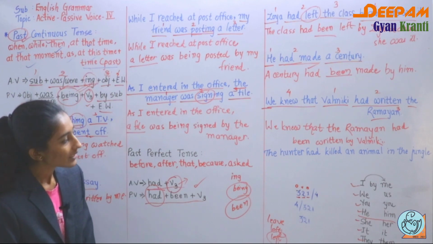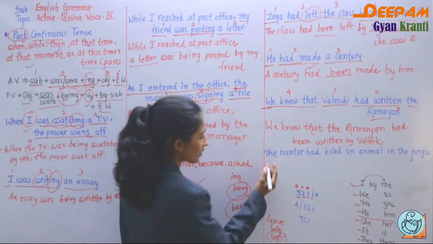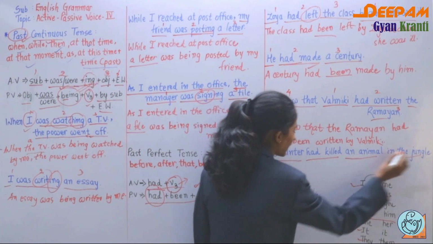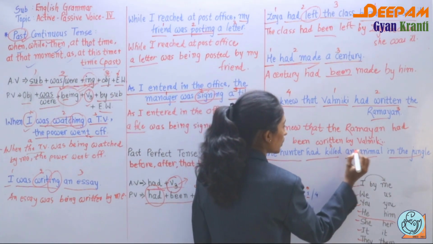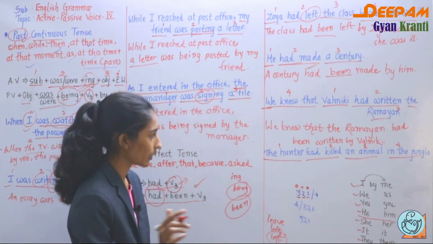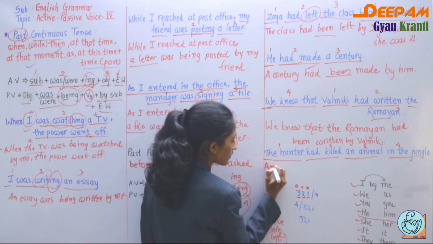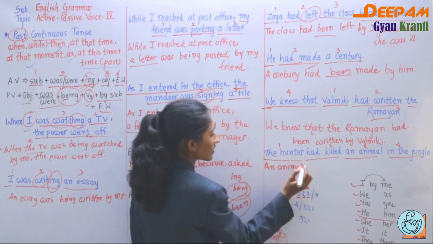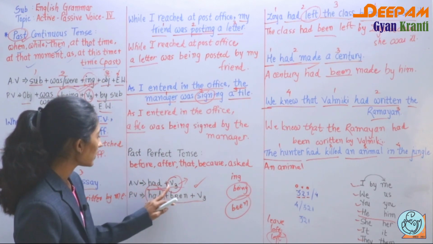Next one, the hunter had killed an animal in the jungle. So subject, the hunter, had killed, an animal, and in the jungle. 1, 2, 3 and 4. So 4 number extra word. Okay, so third number means object comes in the beginning of the sentence. So an animal. Now which tense is here? Had killed means had plus V3 is given.